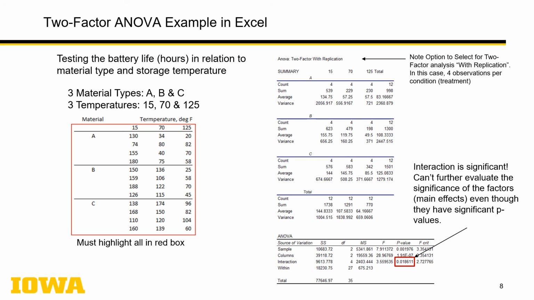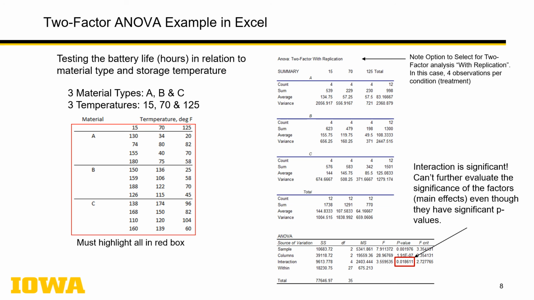Even though there are p-values for the two factors that we're interested in right above them, and they are both significant as well, you cannot state anything about them because they are influencing each other. And therefore, we don't really know how well they individually are influencing the outcome variable. So that is the result of this particular example.